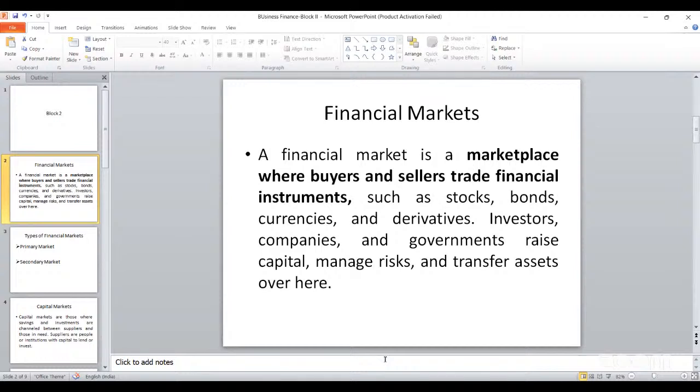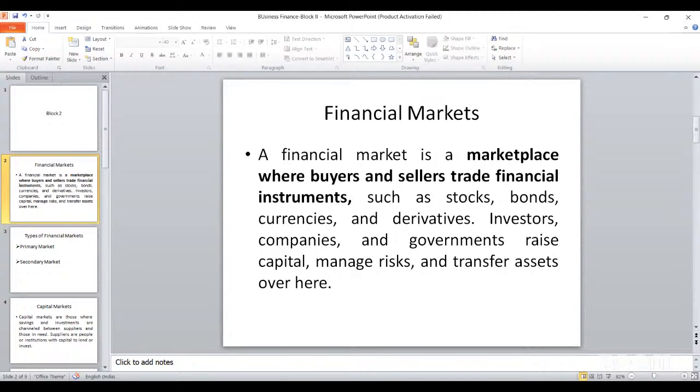Let me read out the topics for you. I'll try to complete 2 units of block two today: capital market, money market, then foreign capital and collaboration. As much as possible, I'll try to cover it in today's class.